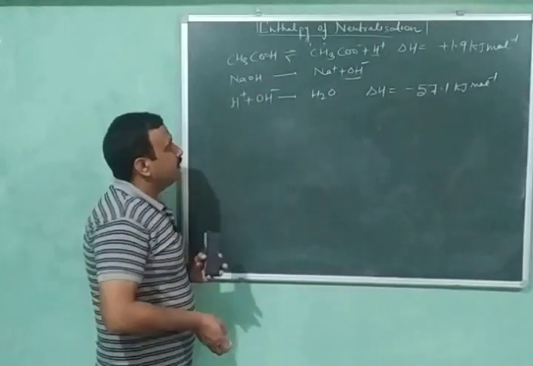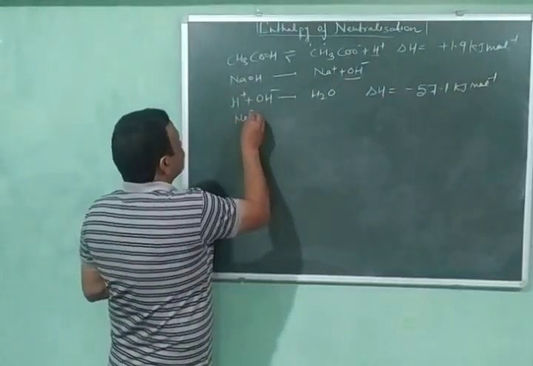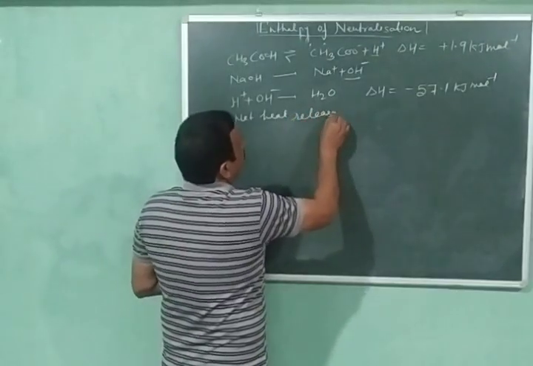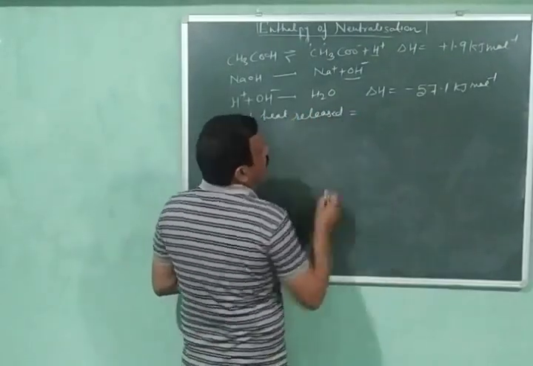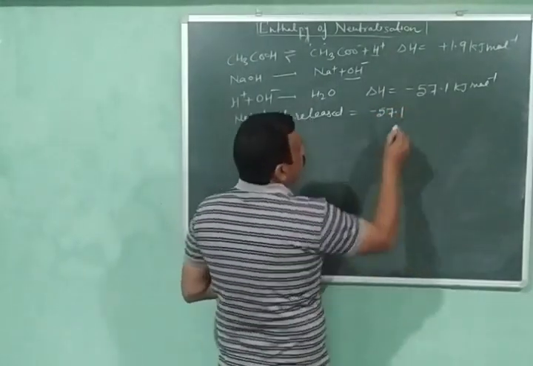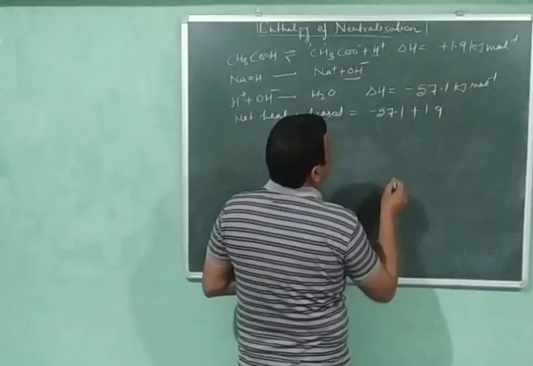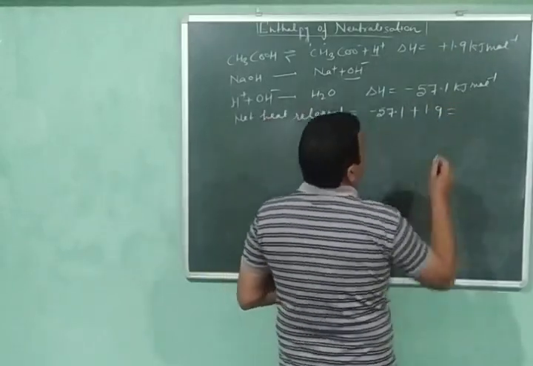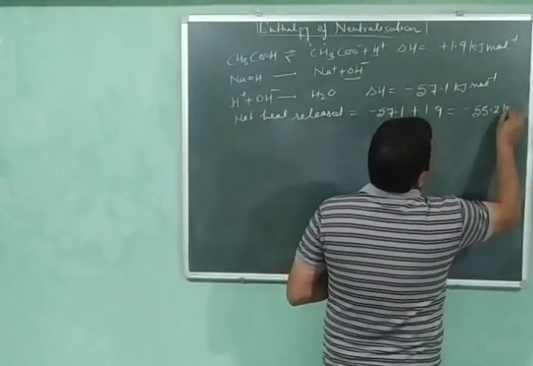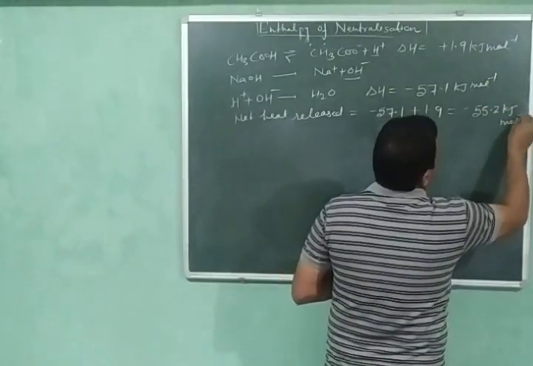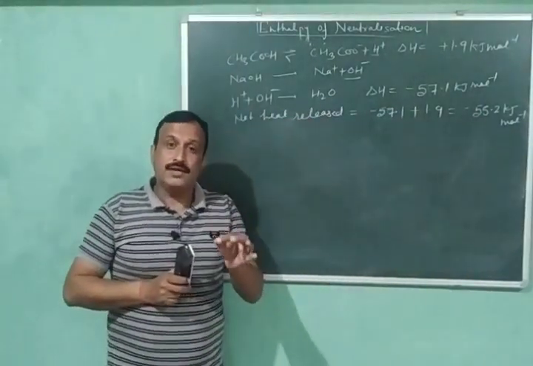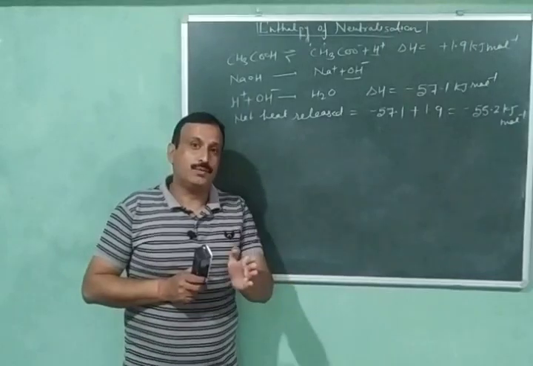So the net heat released in this case will be equal to minus 57.1 plus 1.9, which is equal to minus 55.2 kilojoule per mole. So in this case the heat released will be less than minus 57.1 kilojoule per mole.